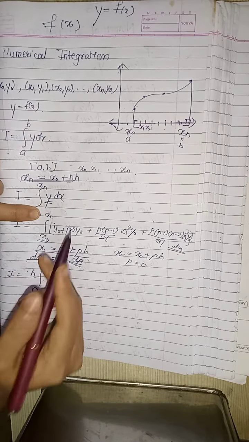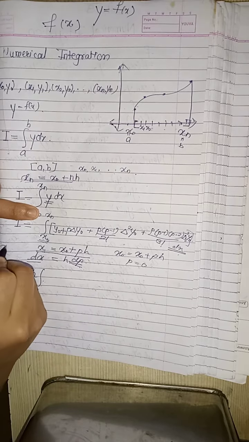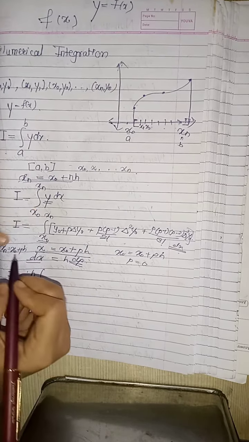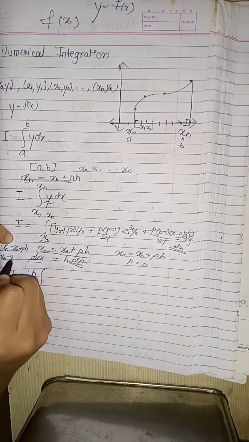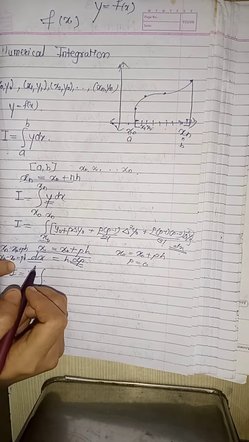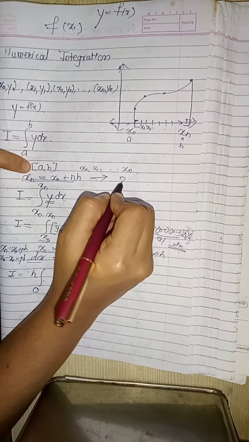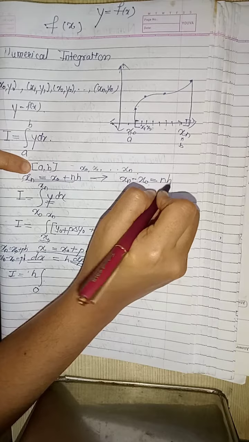For this, if you substitute x equals x0 plus ph, so xn equals x0 plus ph. Taking x0 to this side, you get xn minus x0 equals ph. Now xn minus x0 equals n into h, from the earlier equation.